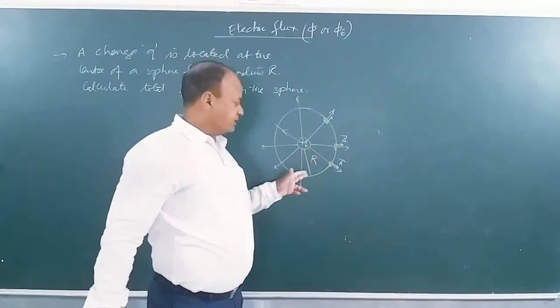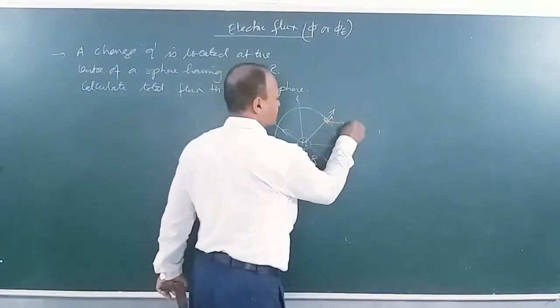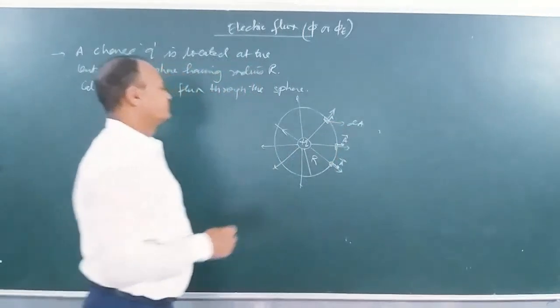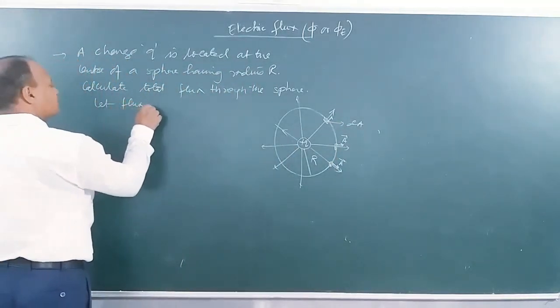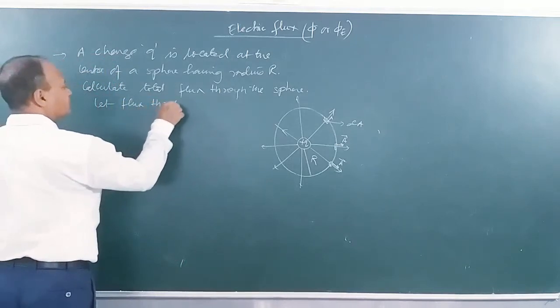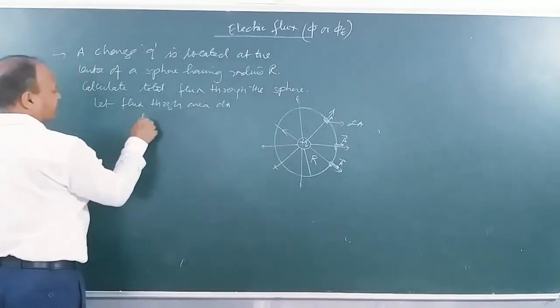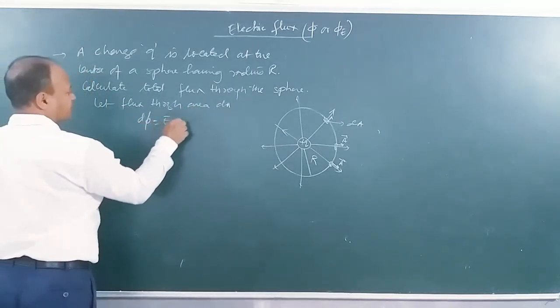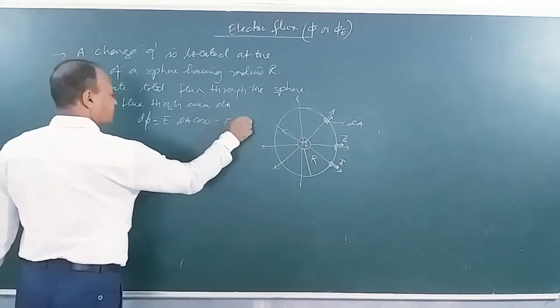So if I consider a small area dA, then the flux through area dA we define as E dA cos 0, which is E dA.